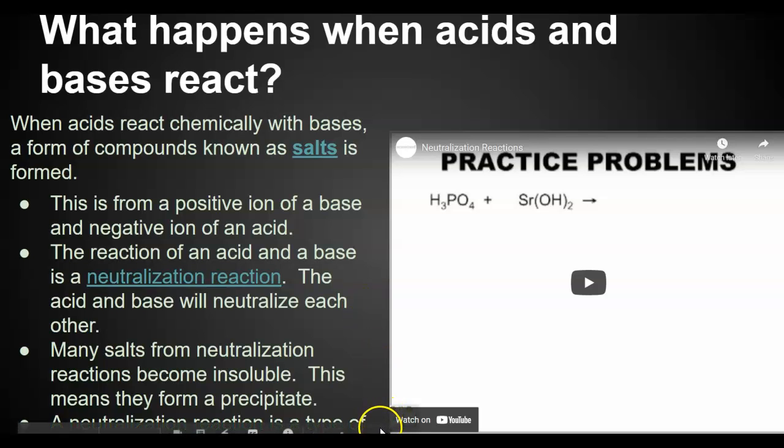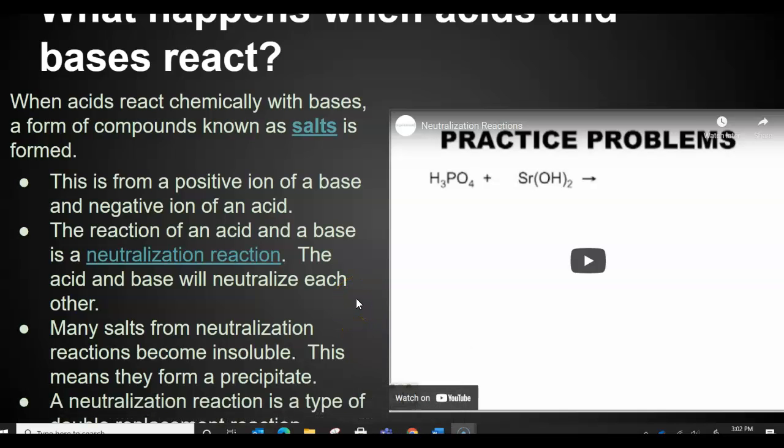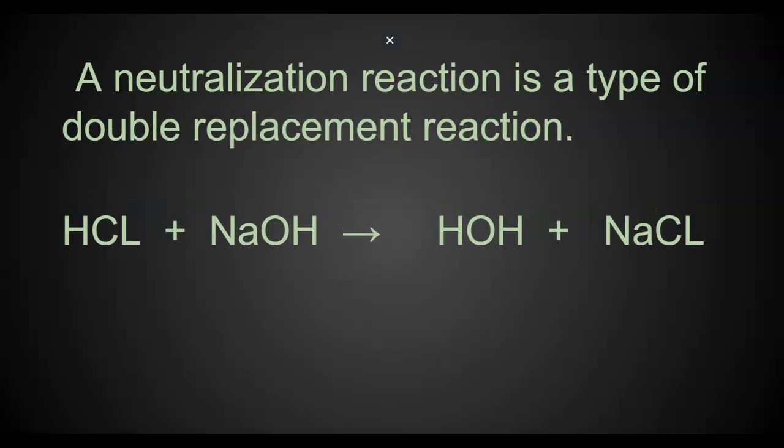Neutralization is known as a double replacement reaction, which we talked about in the last chapter. You get a salt because you have the positive ion and the negative ion reacting to form a salt, and then you have the hydrogen and the hydroxide forming water. So here is an example of a double replacement.